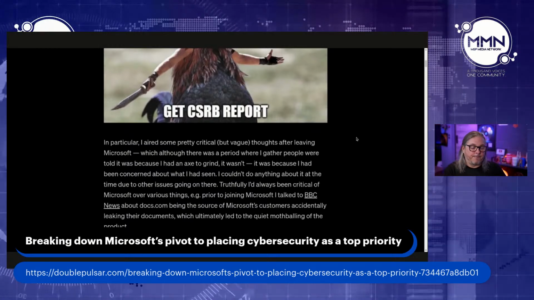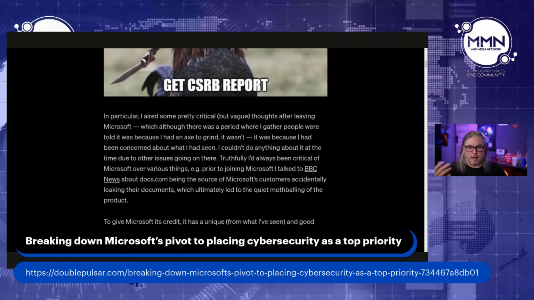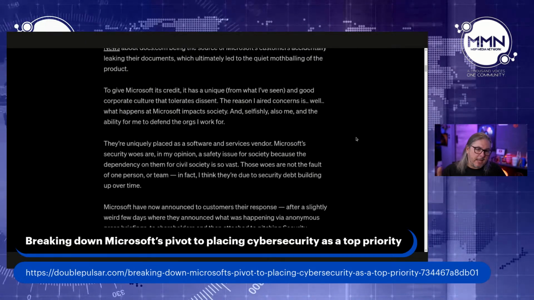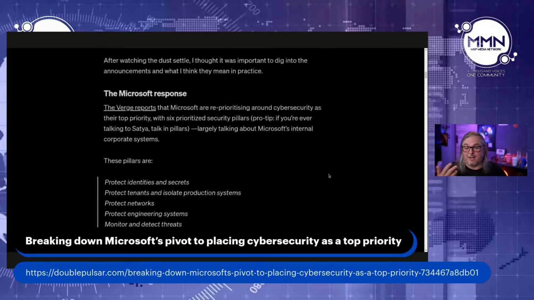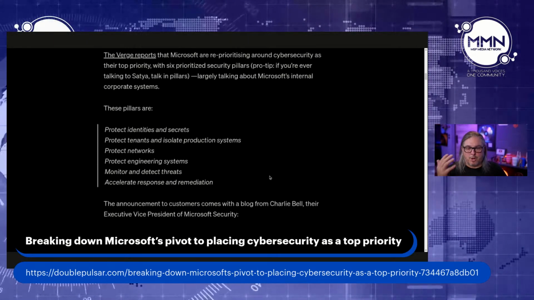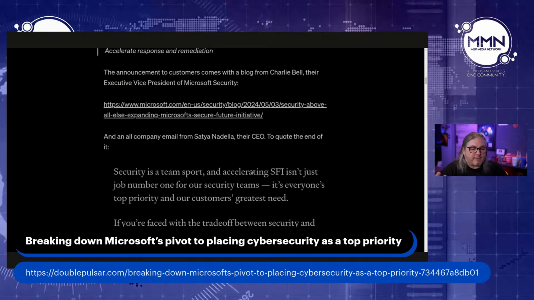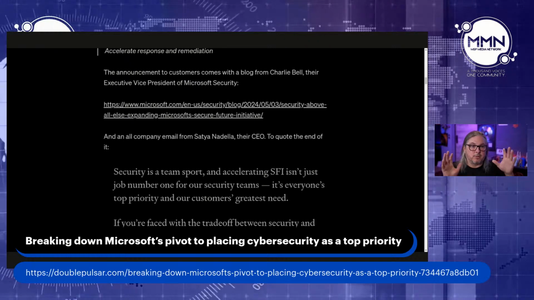And this is talking about Satya Nadella's latest "we're going" security push. Kevin Beaumont is a former Microsoft security person, and he breaks down what he thinks is good and bad. He gives a very practical look and reads between the lines because he's an insider, talking about the pillars of protecting these networks and systems. And we're going to have to wait and see: will this happen? Where is this going to go with Microsoft?